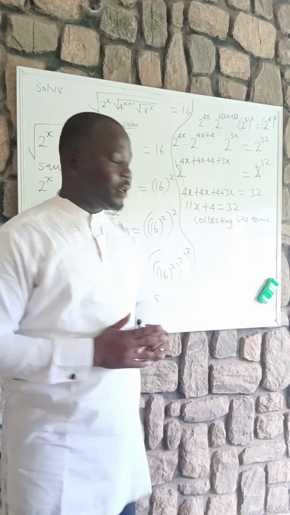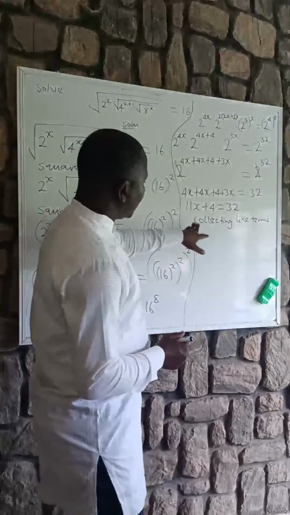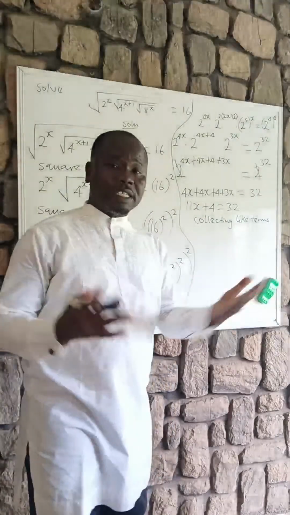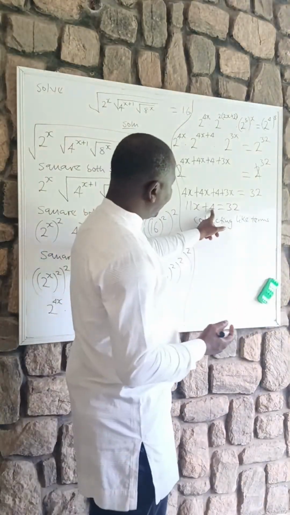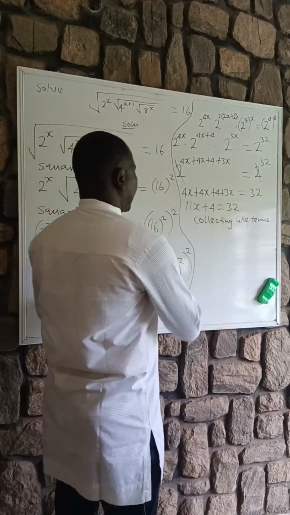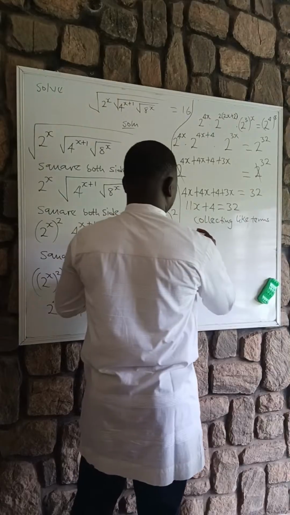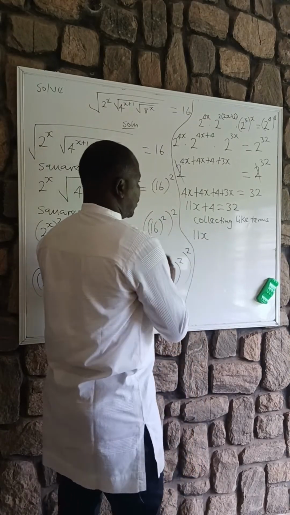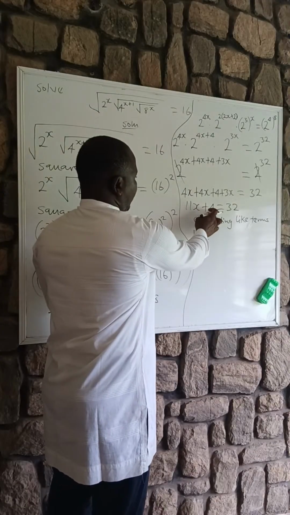Is that clear? Yeah. So here, when we say collecting like terms, it means those that are like, 4 and 32, they are like, and 11x will be on one side. But mind you, this is plus 4, right?